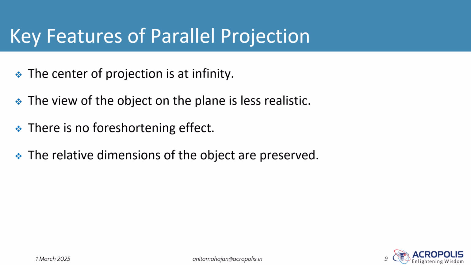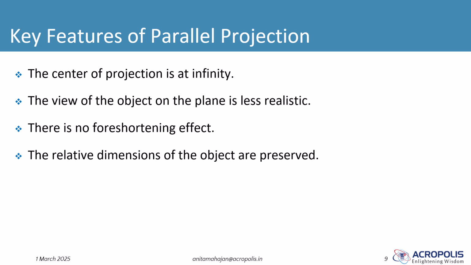What are the key features of parallel projection? First, the center of projection is at infinity. Second, the view of the object on the plane is less realistic. Third, there is no foreshortening effect. And fourth, the relative dimensions of the object are preserved.